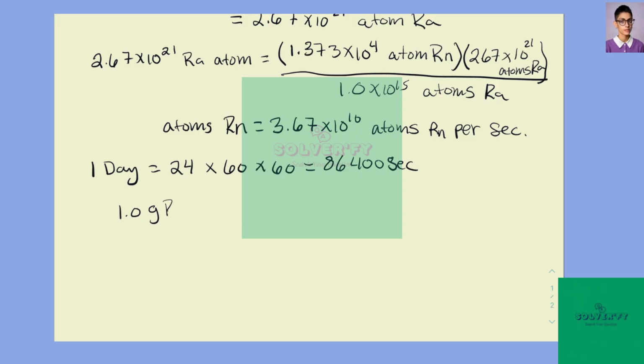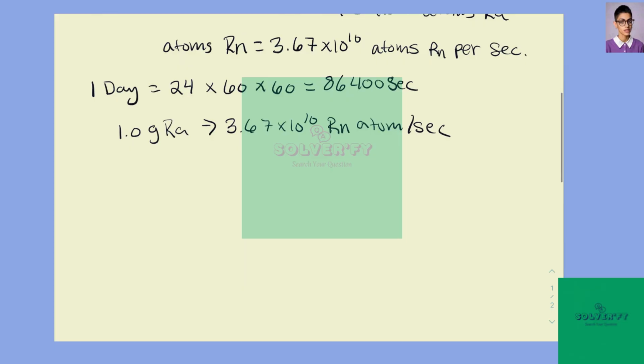So we know that 1.0 grams of radium produces 3.67 times 10 to the 10 atoms of radon per second. Alright, so now we want the amount for 1.0 grams of radium for every day.